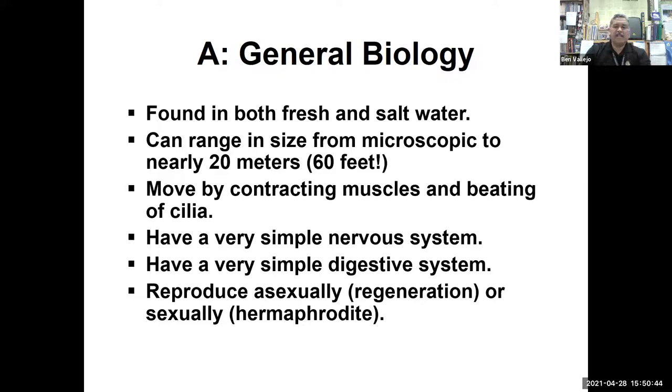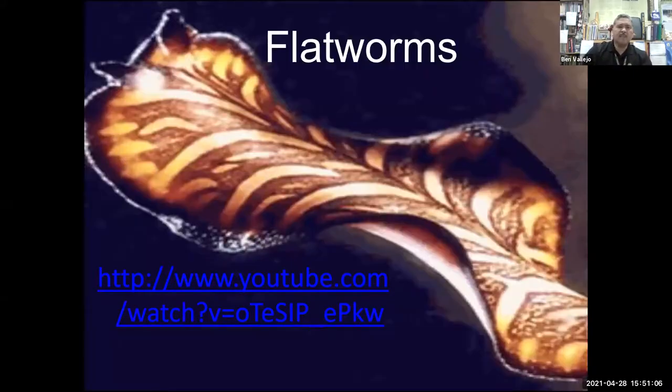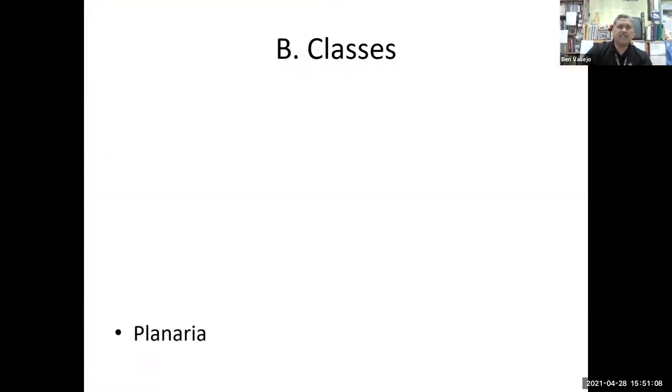So worms are monoecious or hermaphroditic, and that means they have both male and female sex cells. And then they also can reproduce asexually by regeneration of parts that are lost, and those parts can grow into new organisms themselves.